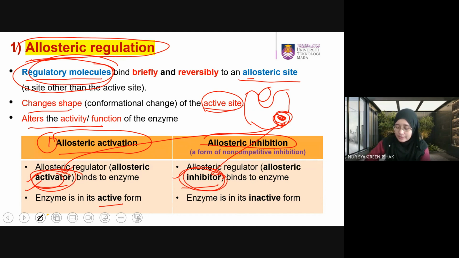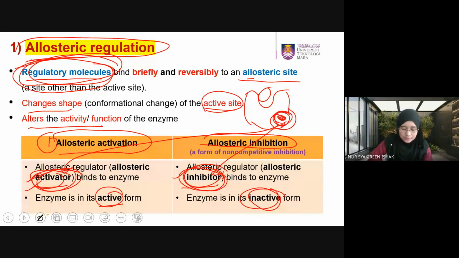But if an inhibitor binds to the allosteric site, the active site changes shape so that the substrate cannot bind, and it changes into the inactive form. So that is allosteric regulation. What you have to take note of is that a regulatory molecule can be an activator or inhibitor binding to the allosteric site, causing the enzyme to be either activated or inactive.